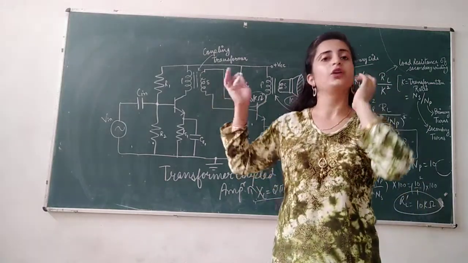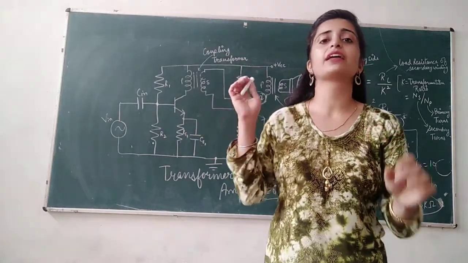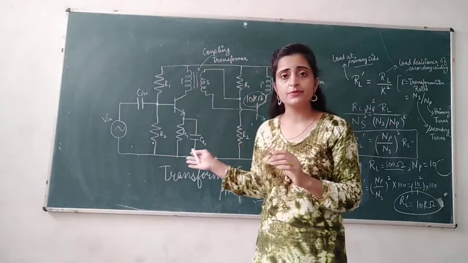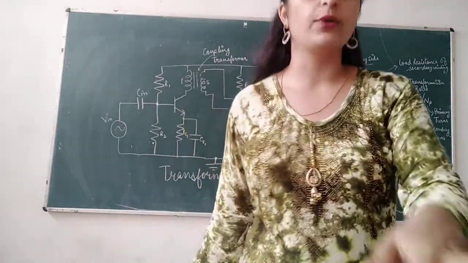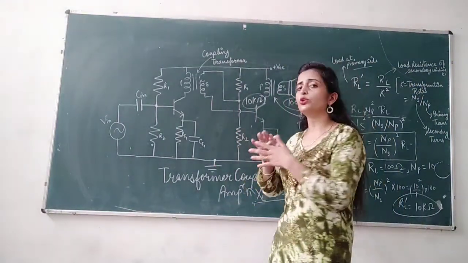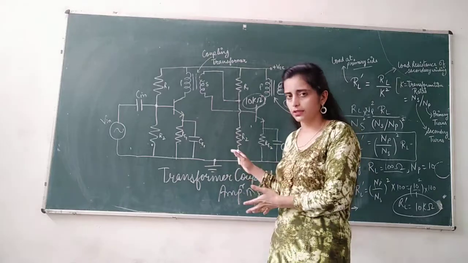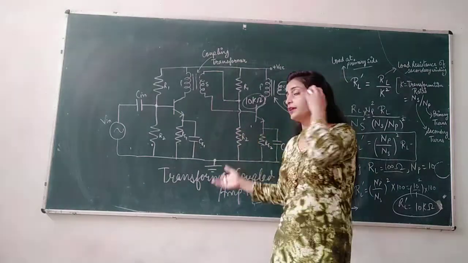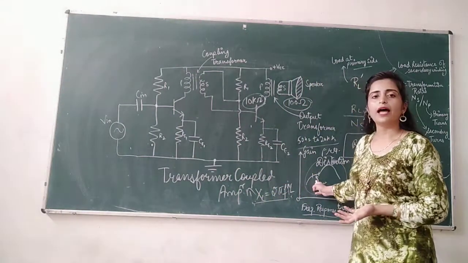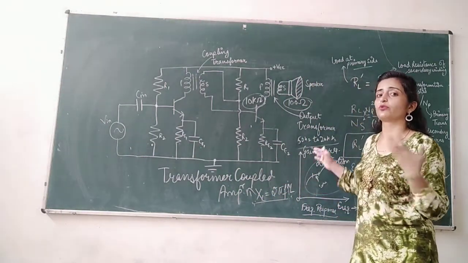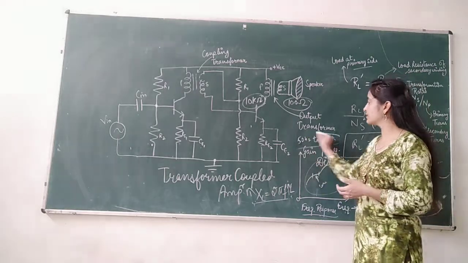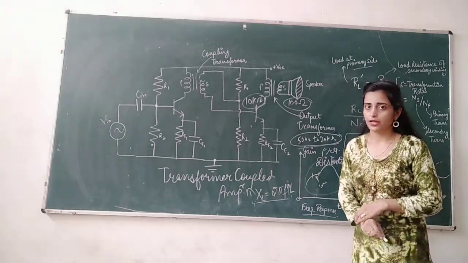So among the advantages, it has excellent impedance matching qualities, and there is almost no power loss in this circuit. Among the disadvantages, it does not have a stable gain, and it provides frequency distortion as well. So it cannot be used in the audio frequency range.